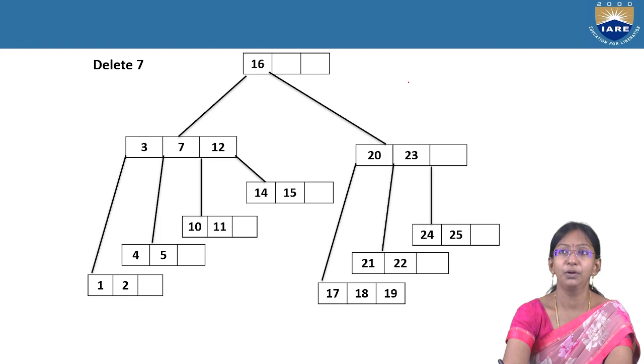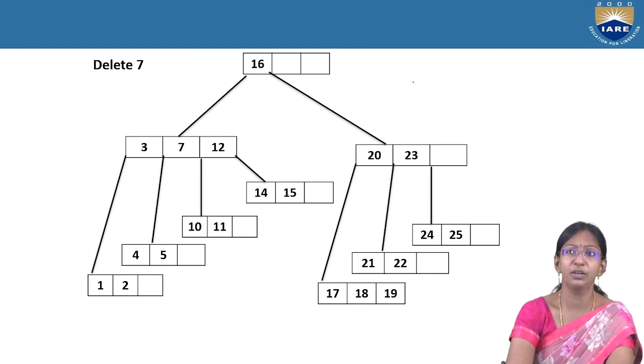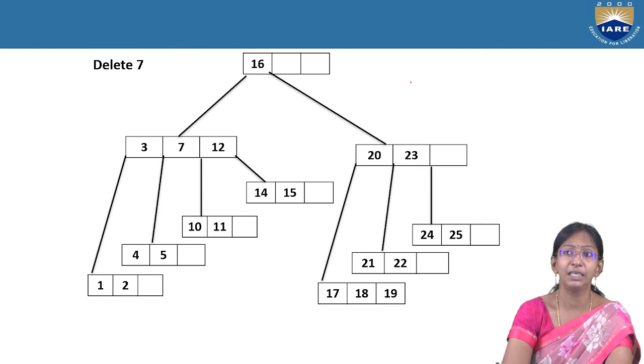So basically what we have learned till date: what is a tree, then what is a binary tree which has only 2 children, then we have seen what a BS tree is, then what an AVL tree is, then we came to our multi-way trees, that is M-way trees, thereby we came to our B trees. So this is a hierarchy of all the trees that we have learned till date and which I have explained in my previous videos.